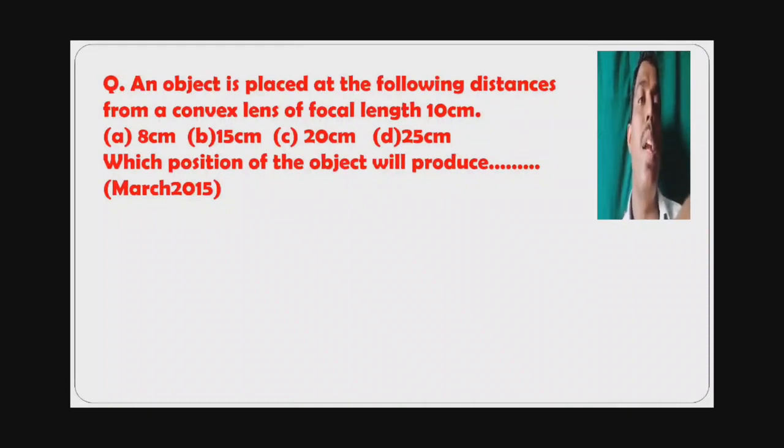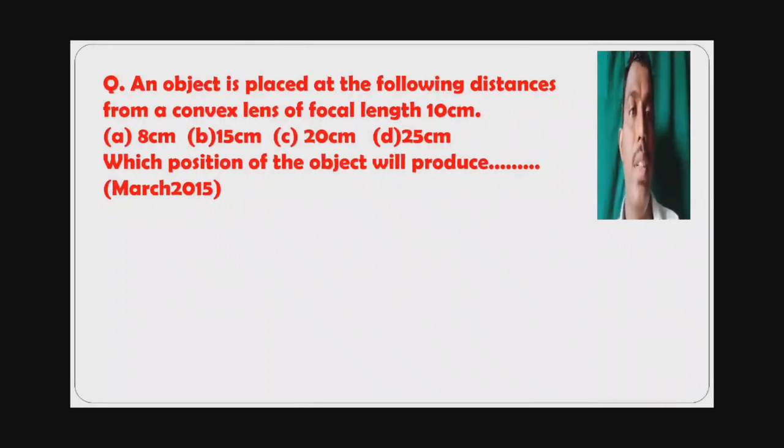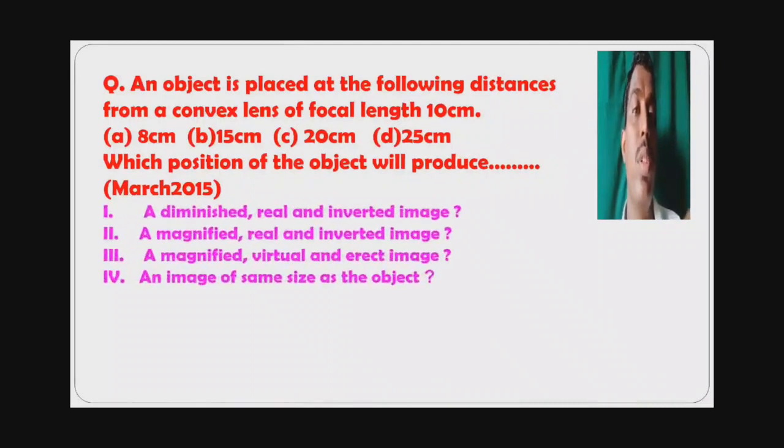Object is placed at A, 8 centimeters, B, 15 centimeters, C, 20 centimeters and D, 25 centimeters. Which position of the object will produce a diminished, real and inverted image?